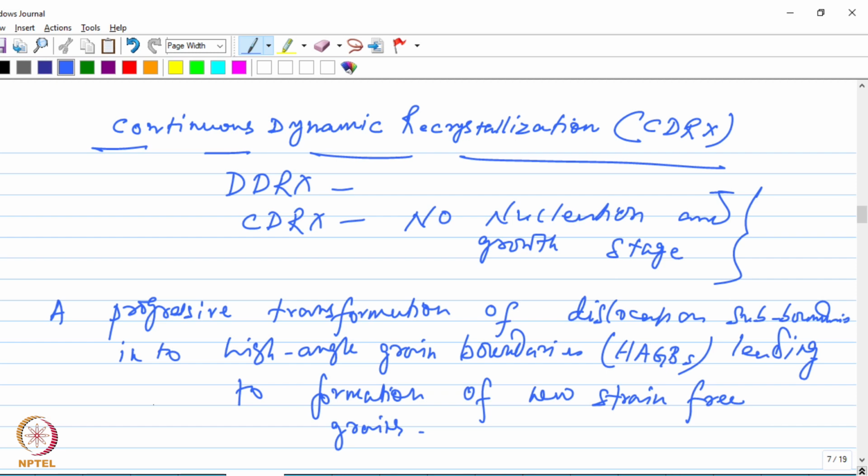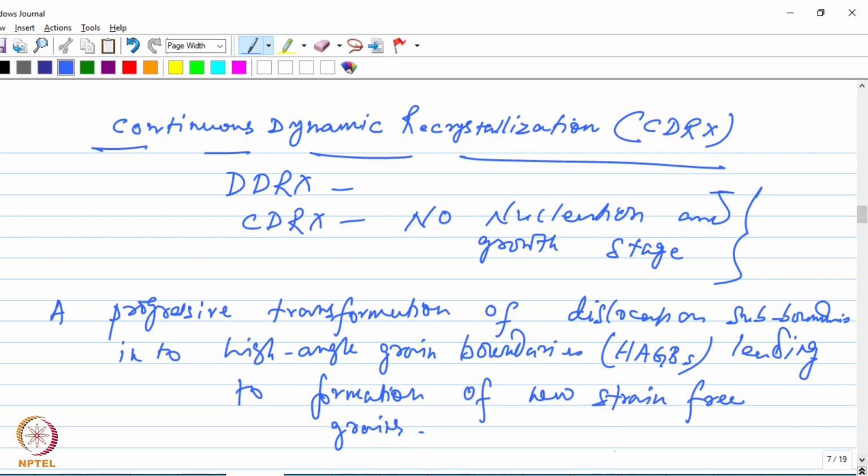And how this progressive transformation occurs, that is what we are going to discuss, as to what exactly happens during this and how the nucleus forms when you have conditions which are more favorable for CDRX rather than DDRX.